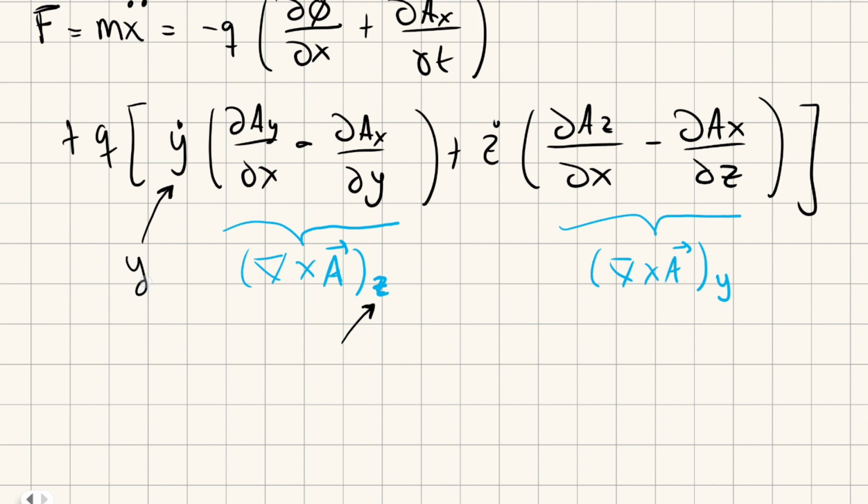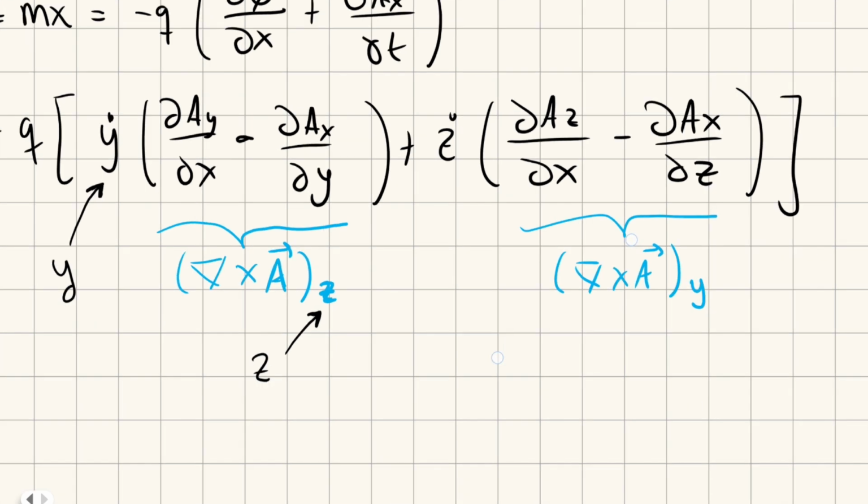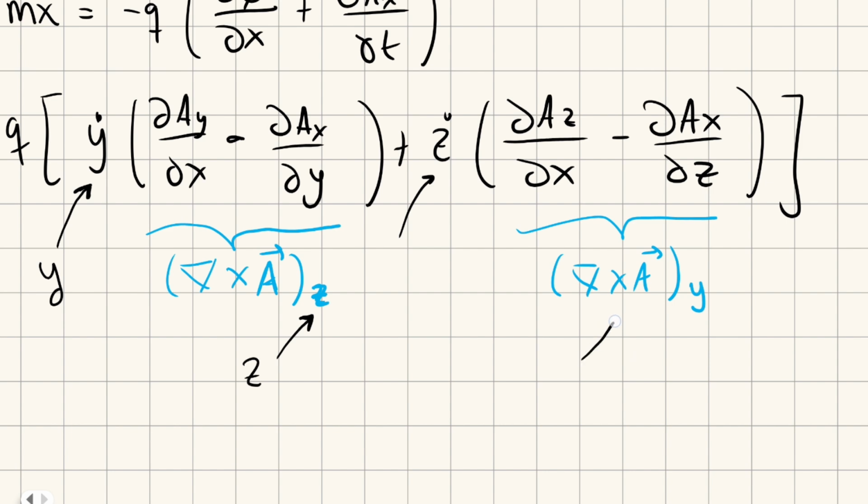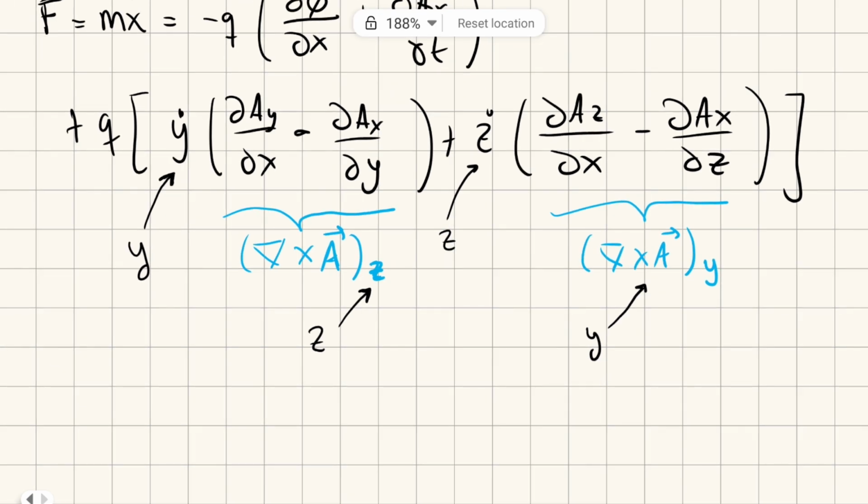It is the y and the z, and here we have the z component of the velocity, and then the y component of the curl of the potential. So this is the y, this is the z. As you can notice, this is very similar to a cross product between the velocity and the curl of the vector potential.